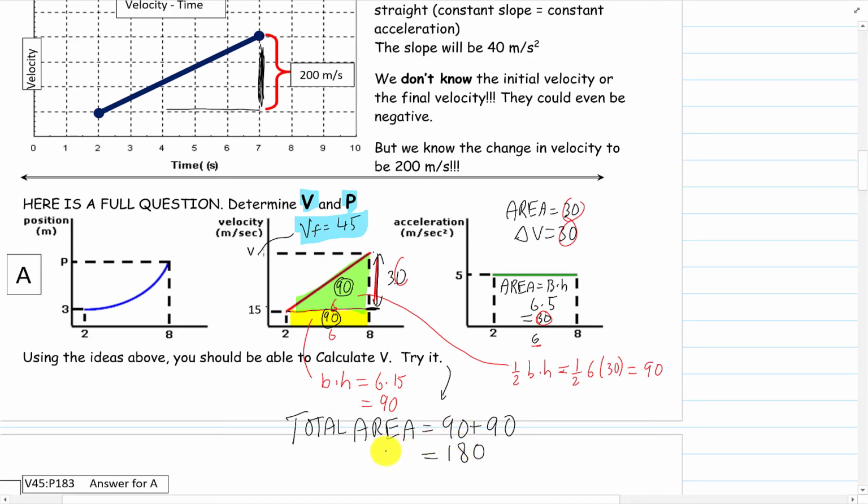But what is the total area? It's the change in displacement. So that means that's how much displacement changed. And here the position started at 3, and it went up 180. So that means this position here is 183.